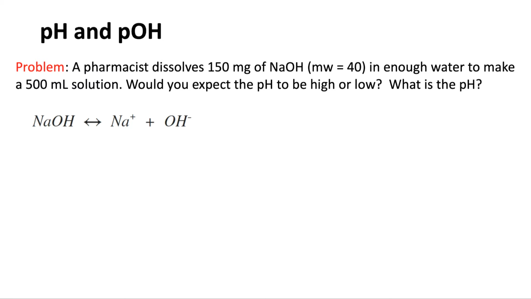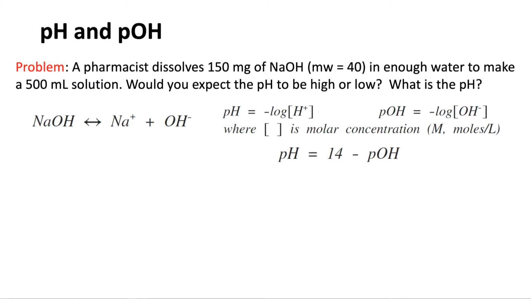Now let's define some things too. What is pH? The little p stands for the negative log of some concentration. Since we're doing pH, it stands for the negative log base 10 of the hydrogen ion concentration, versus pOH, which would stand for the negative log base 10 of the hydroxide ion concentration.